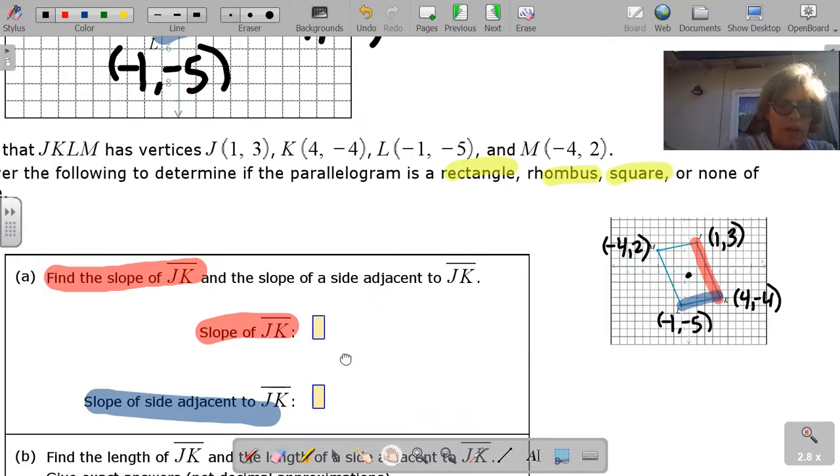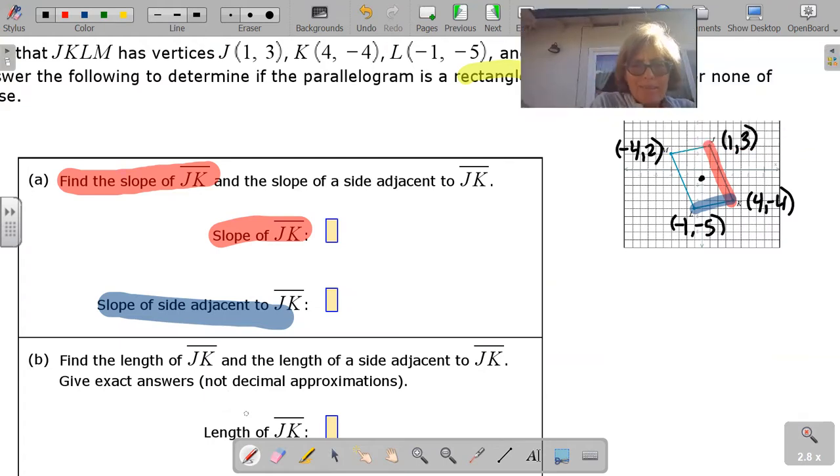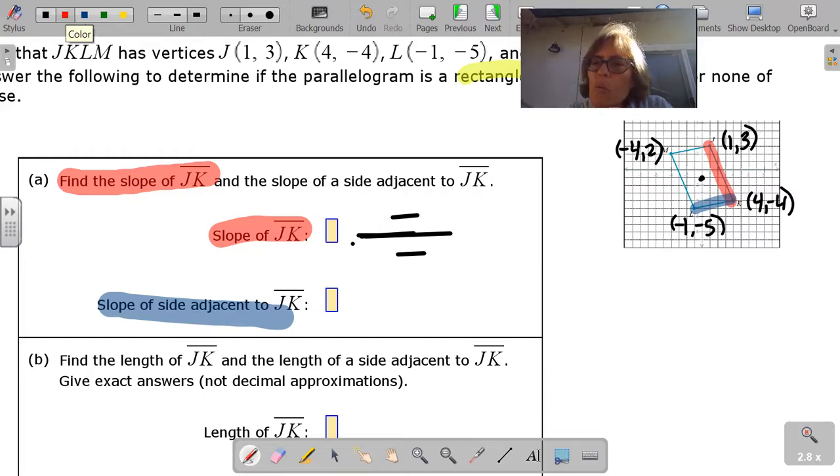So slope, make sure you do this accurately. It's going to be y minus y over x minus x. Okay, JK, y minus y, that's 3 and -4.